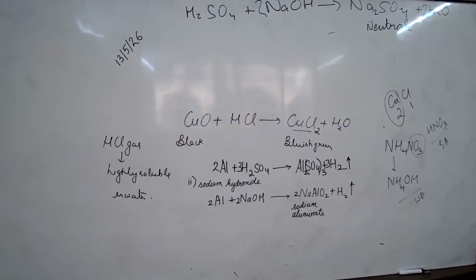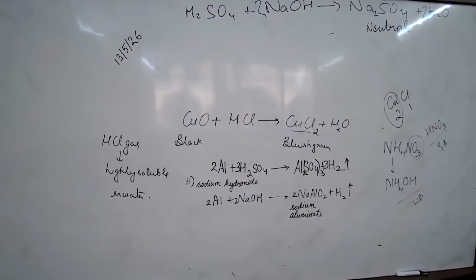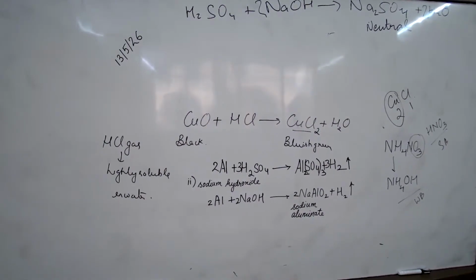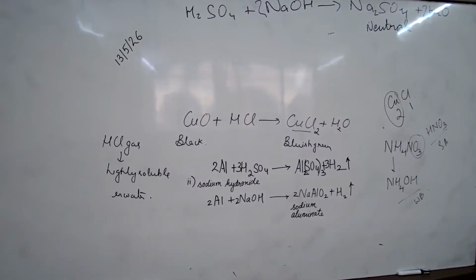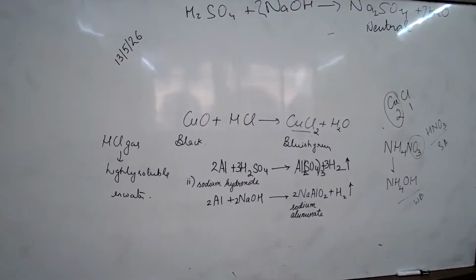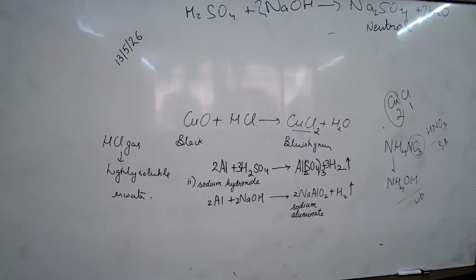Now see the color change. What are they asking? It is a base. Now what would be the change in color? The bases turn what to what? Bases turn red litmus to blue. So if we showed blue litmus, what color change will come?